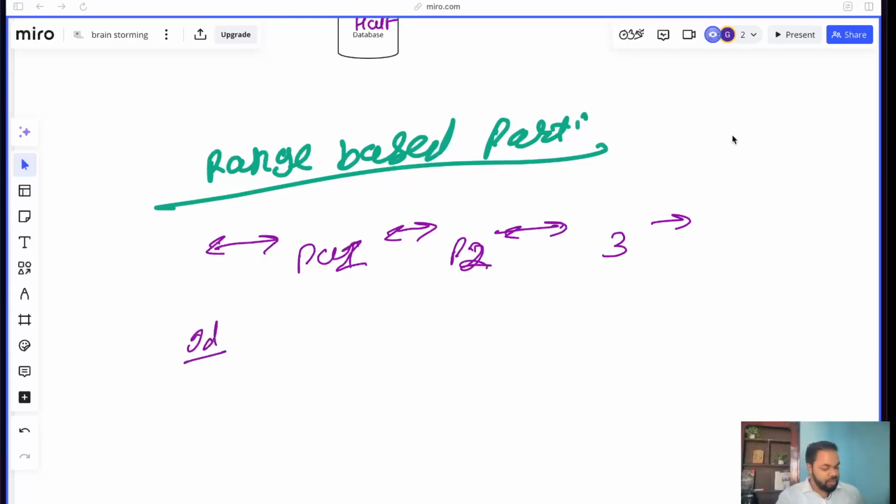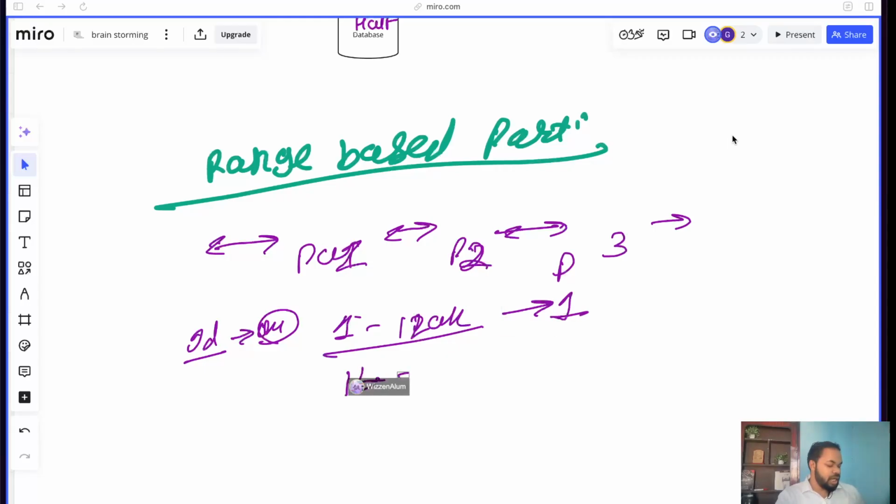Suppose you have the ID in numeric values, then from ID 1 to 1 lakh you have partition 1, and then 1 lakh to 2 lakh you have partition 2. This way you can divide your partitions. What is the benefit of it? The benefit is quite easy: your system can easily access the partition based on the ID, and your system does not need to process more of the data, right?